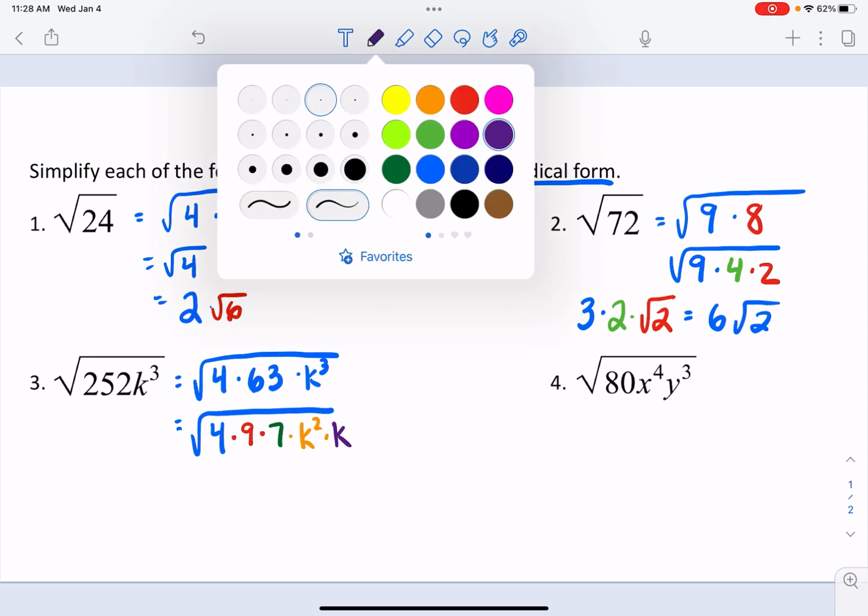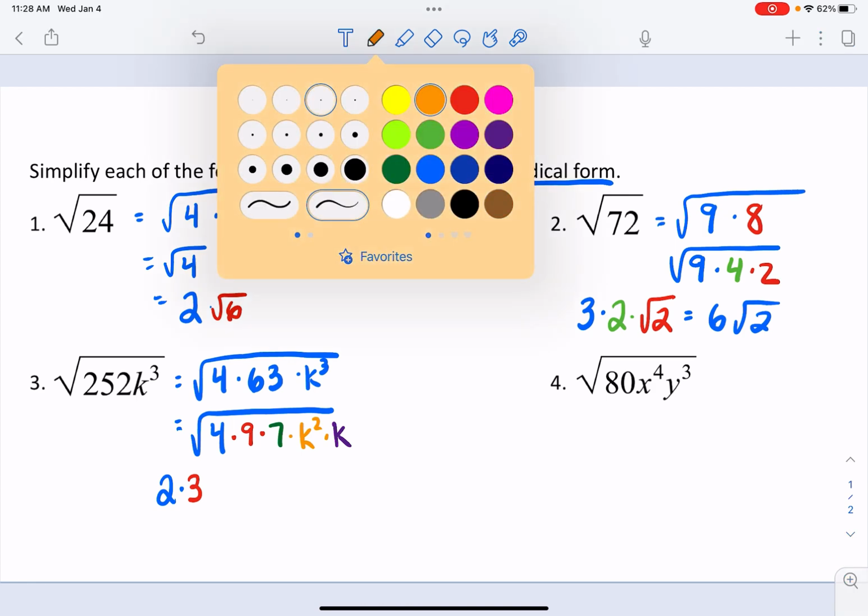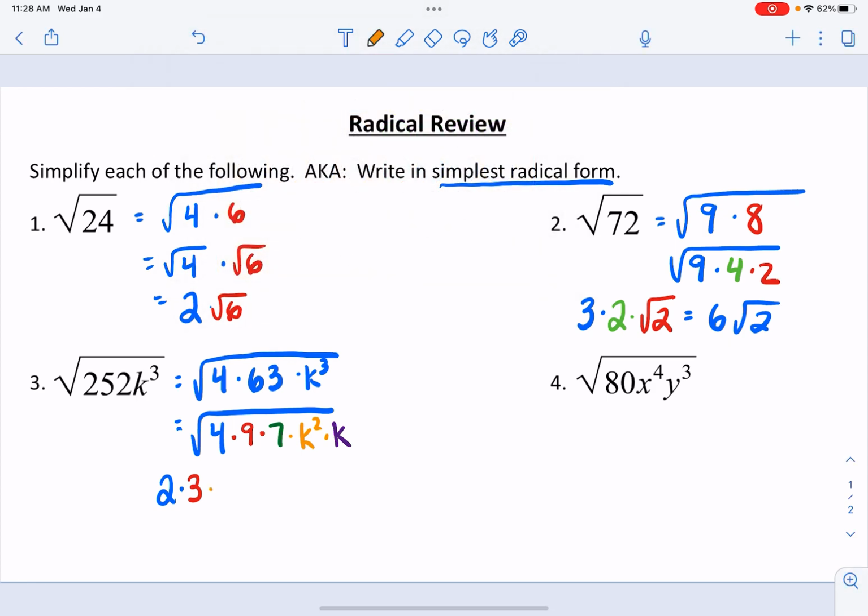So what we have, 4 can come out of my radical and become a 2. 9 can come out of my radical and become a 3. That 7 is going to be left underneath there. K squared comes out and becomes a k.